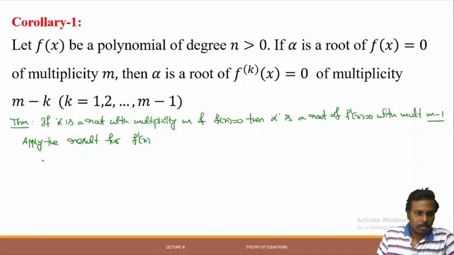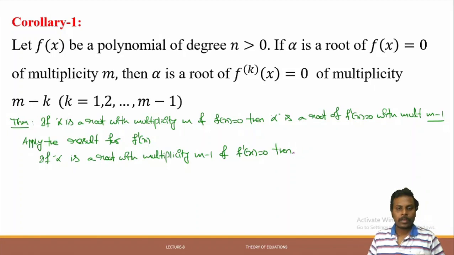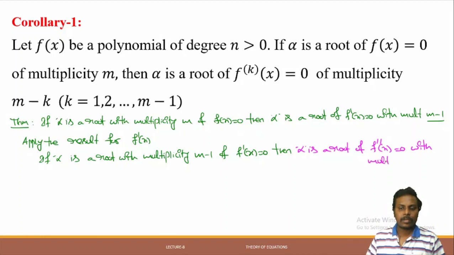Now if alpha is a root with multiplicity m minus 1 of f dash x equal to 0, then alpha is a root of f dash whole dash, that is f double dash of x equal to 0, with multiplicity m minus 1 minus 1, that is m minus 2 actually.